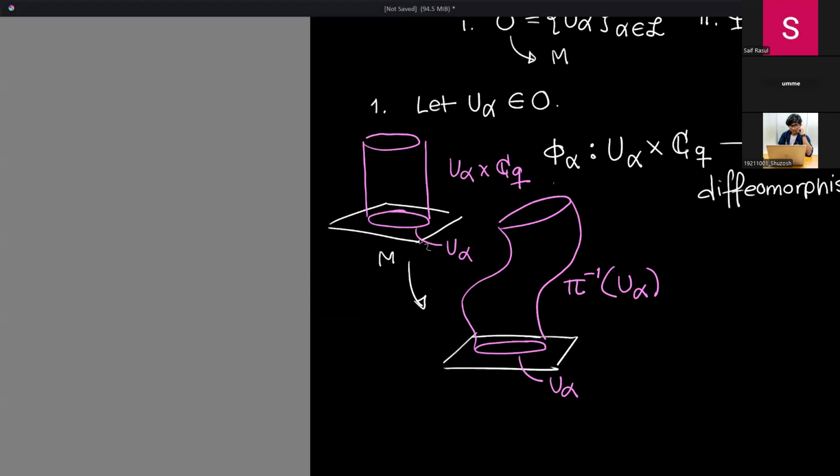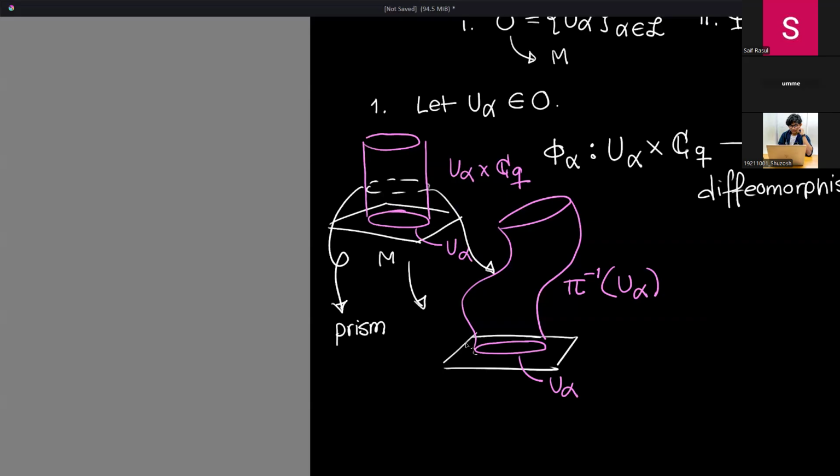It takes this straight cylinder, this would be a prism, a straight prism with a cross section shaped like U alpha. Diffeomorphisms allow smooth deformation, so it could smoothly change into a different shape, but it couldn't, for example, have a sharp bend in it.